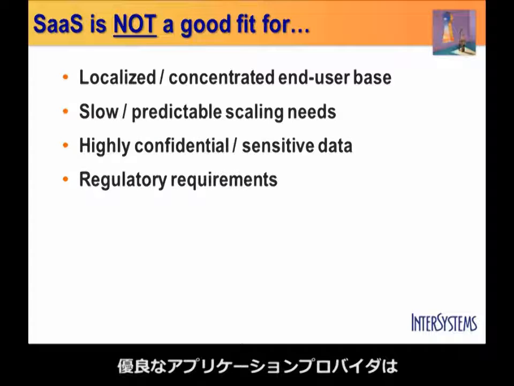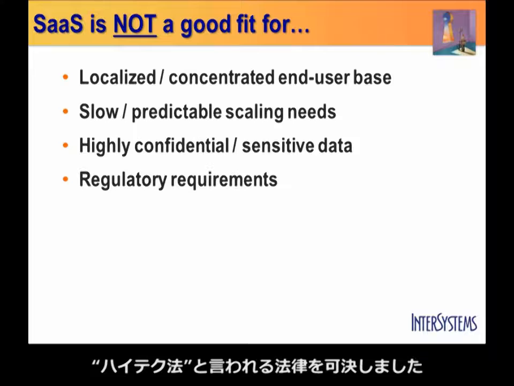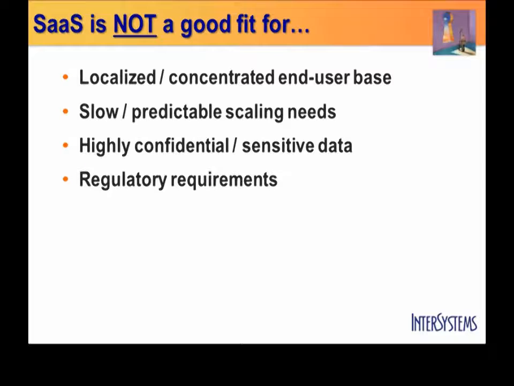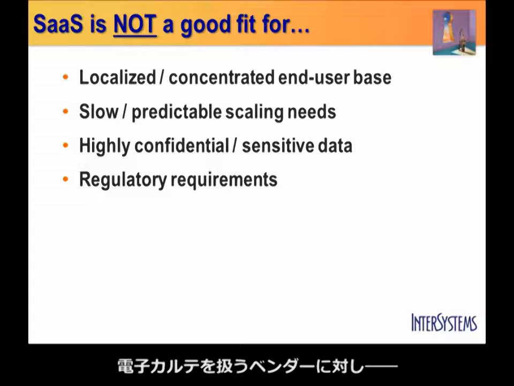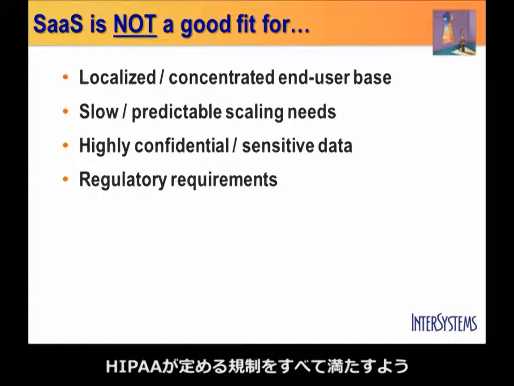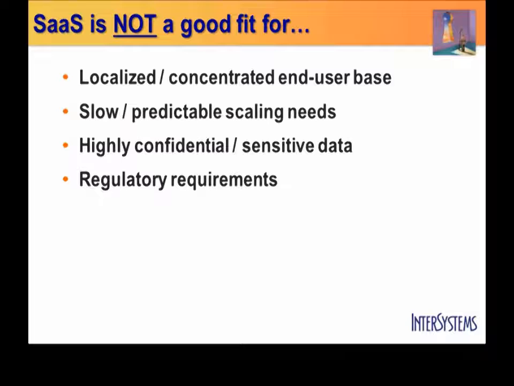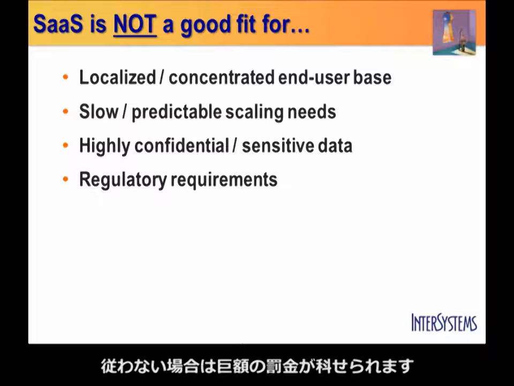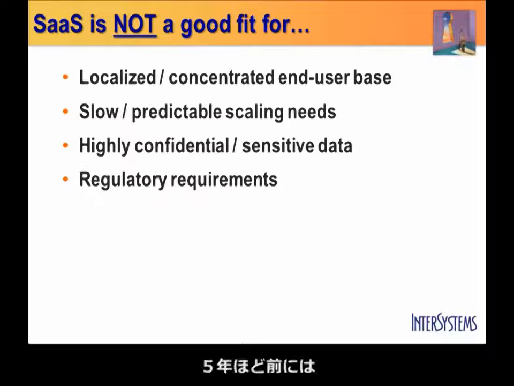Based on those guidelines, good application providers follow all of them, because the government just recently passed what they call the HITECH Act. The HITECH Act actually gives the government now the power to go to an electronic medical record vendor and demand that all of the HIPAA regulations are met. And if not, then they have to pay big fines. Okay?